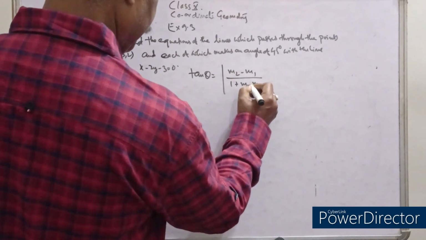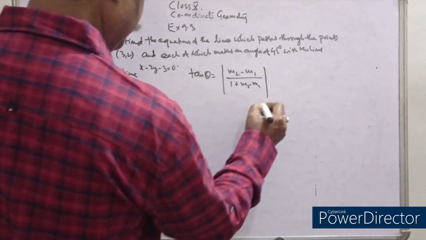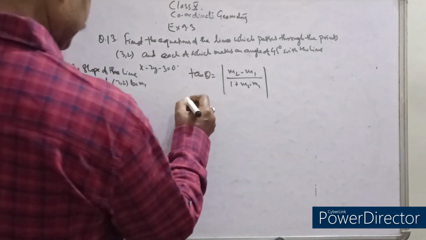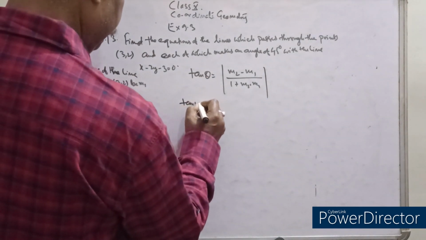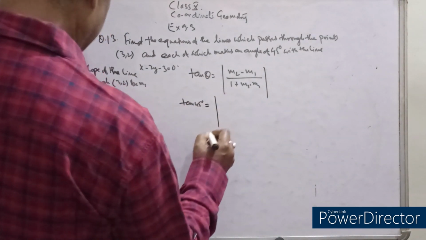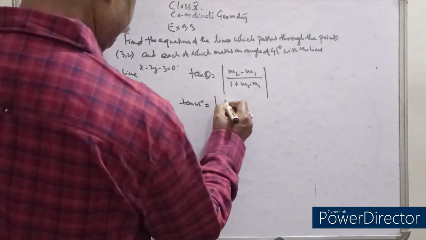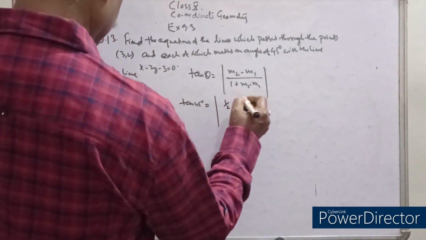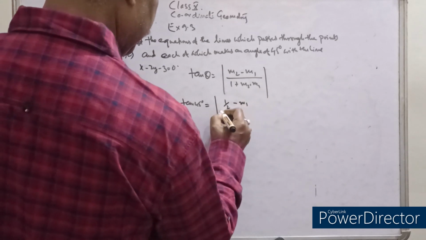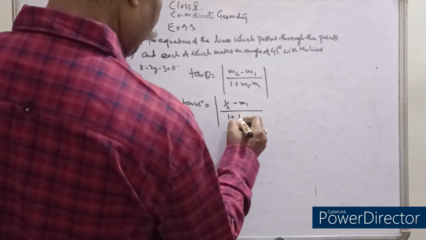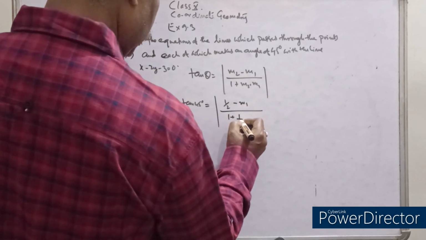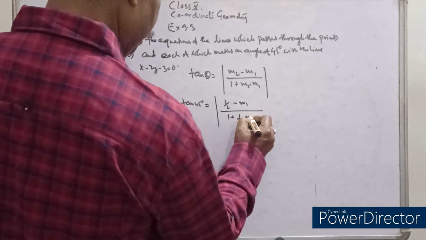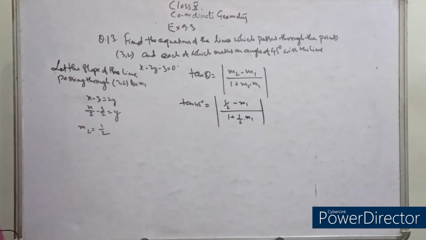So now here this is tan 45 degree, and this is equal to m2, here it is 1 by 2, and your m1 you do not know, that is m1 divided by 1 plus 1 by 2 into m1. So you have to take two values, one positive value and one negative value.